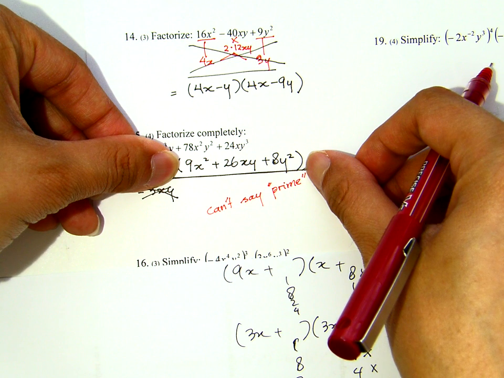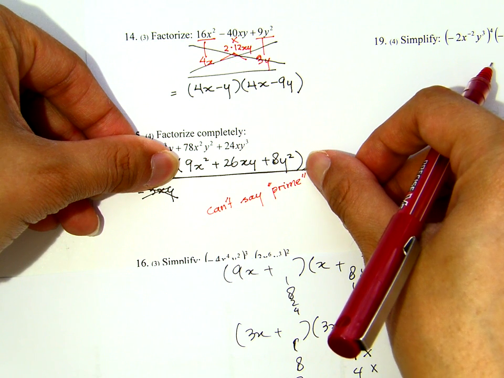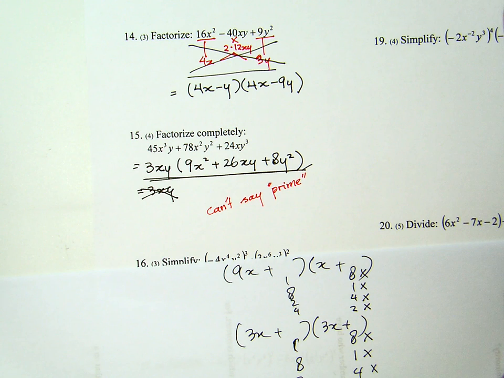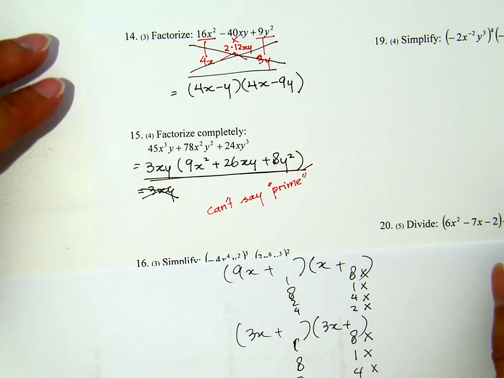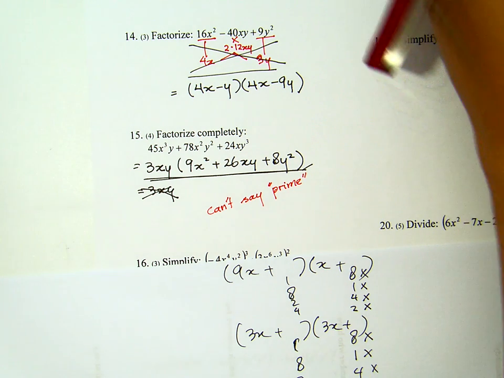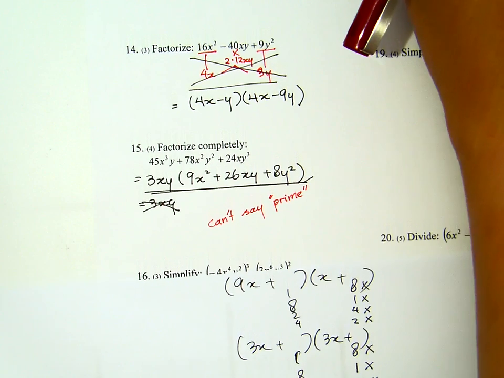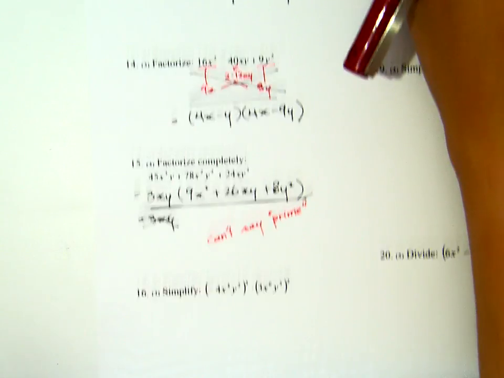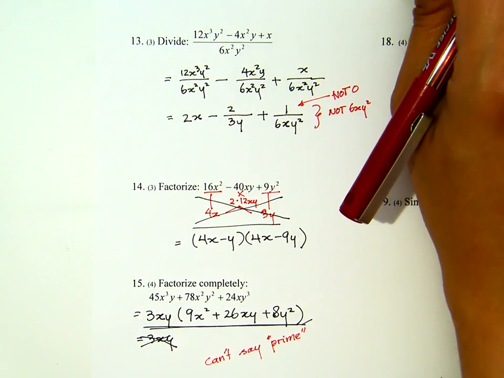But in general, in total, you can't say that this is a prime, or you can't say this is non-factorable. This is for 2011 Math 115 Test 3, number 13, 14, and 15.